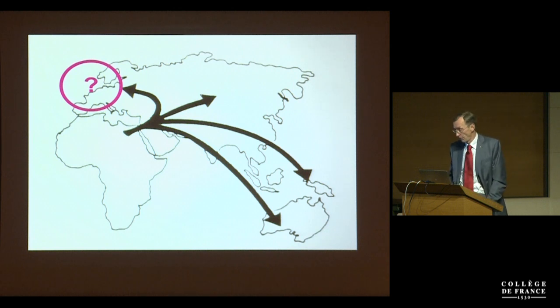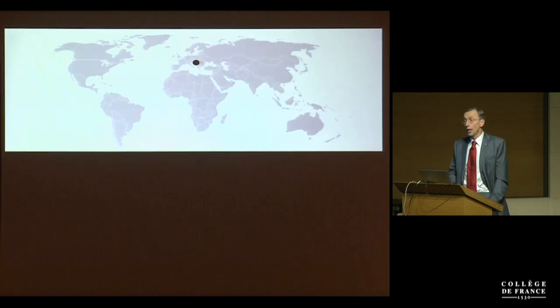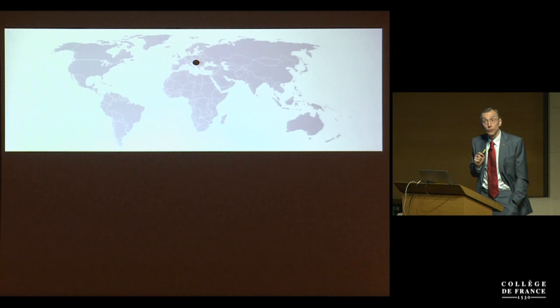I'll just mention the most direct one, and that is that if Neanderthals would have contributed to the variation in Europeans today, we would expect Europeans to share more genetic variants with Neanderthals than people in Africa. Because there have never been Neanderthals in Africa, there is no reason to assume that they would have any particular similarity to Neanderthals.